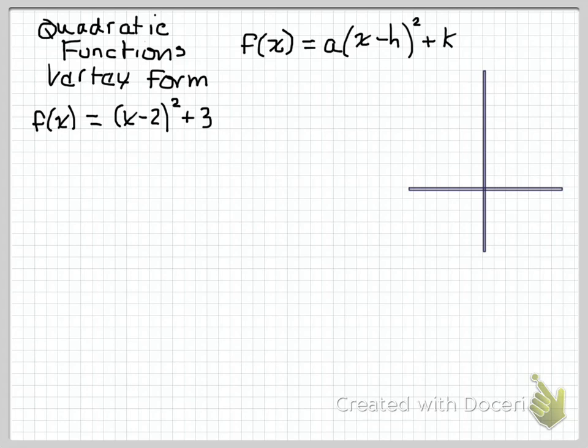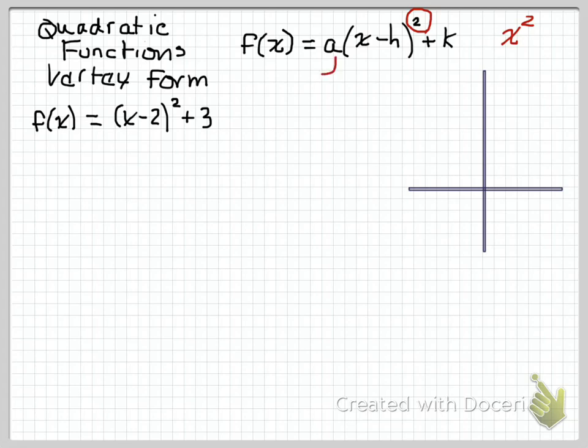So the first thing you do when you're working with transformations is to identify the parent graph, and we can identify our parent graph from this squared, so we know that the parent graph is our basic quadratic equation.